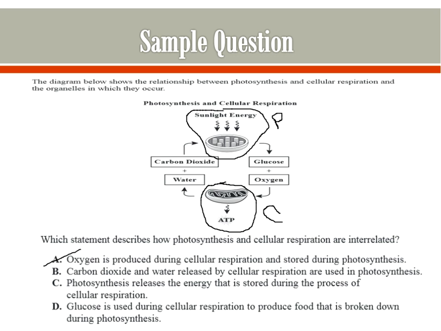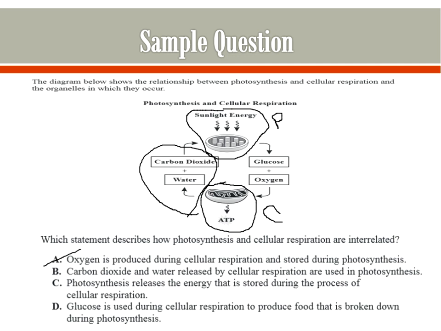What about B? Carbon dioxide and water are released by cellular respiration. Is that true? Yeah, look right here. Carbon dioxide and water are released by cellular respiration and are used in photosynthesis. So that one's probably true. Does photosynthesis release energy that is stored during the process of cellular respiration?